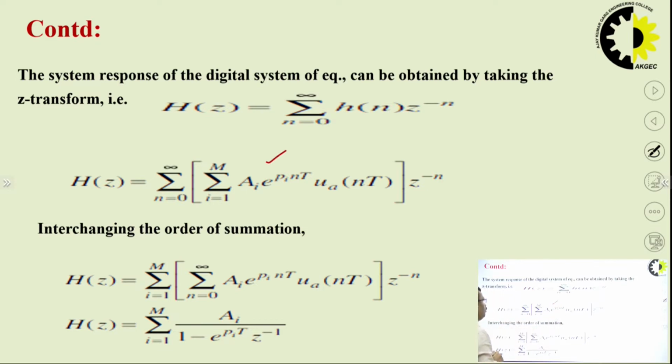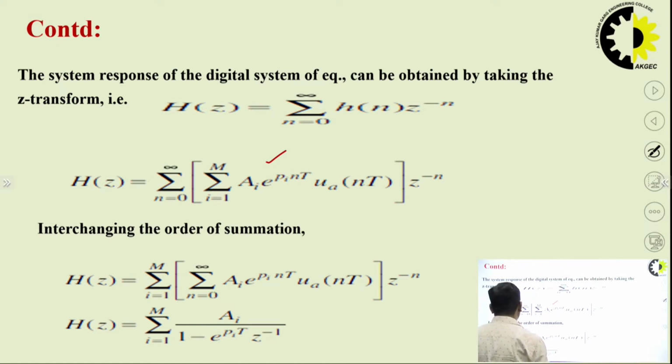Why am I taking 0 to infinity? Because we are working for IIR. In IIR, if u of t I am associating, obviously it will go from 0 to infinity, because the unit step function gives 0 value for less than 0.